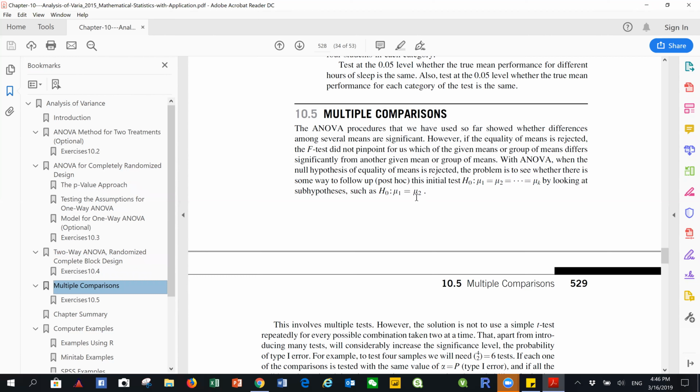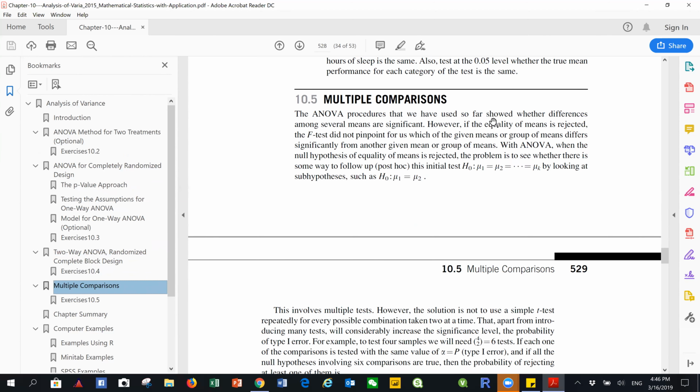Now for section 10.5, we talked about multiple comparison.